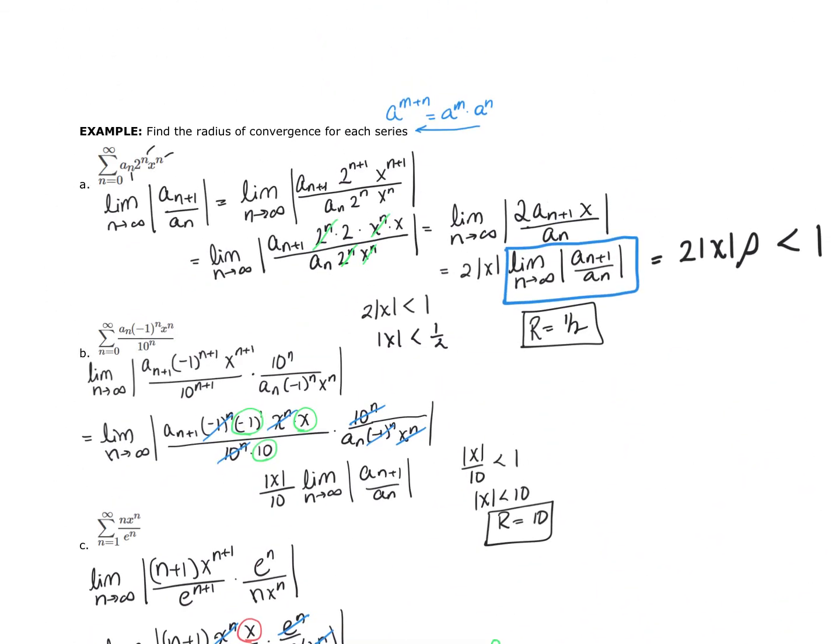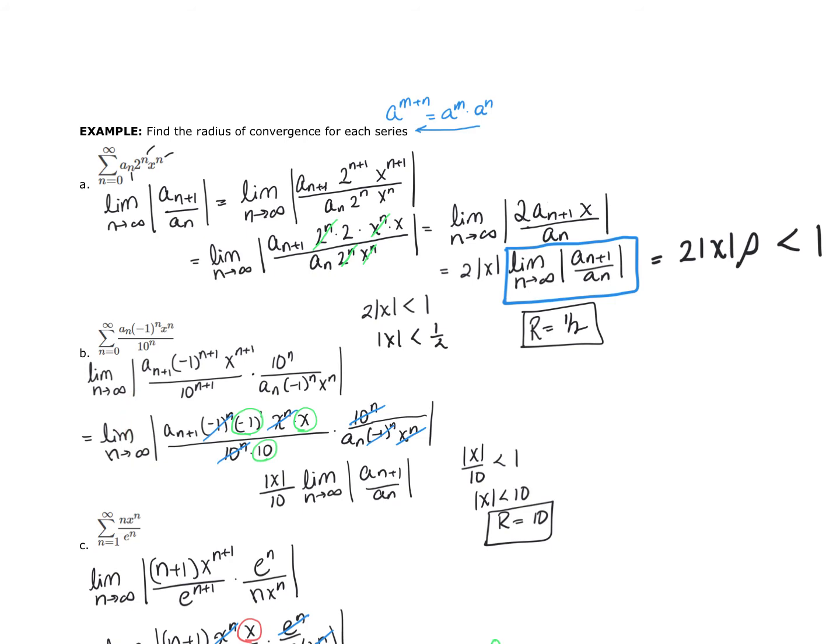For the first two examples that I started out with, it makes no sense to go beyond the radius and do the interval of convergence, because I don't know what a sub n is. If a sub n is growing, then it's going to converge or diverge, depending on what else is happening. Same thing here. So I'm not even going to approach these first two to talk about the interval of convergence.